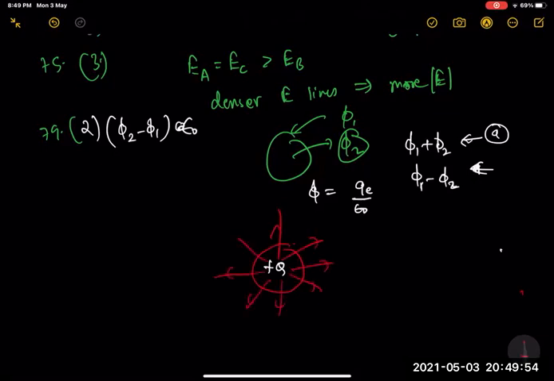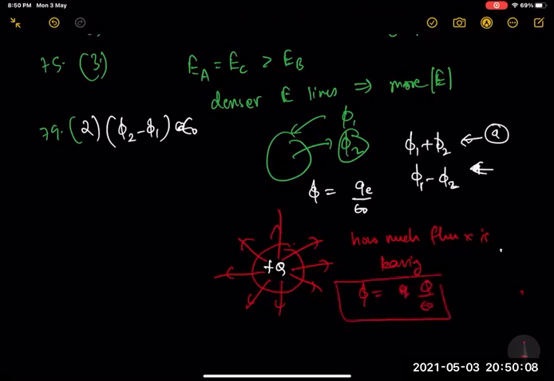If I ask you how much flux is leaving, Q by epsilon naught, right? You will say the flux leaving is Q by epsilon naught, correct?